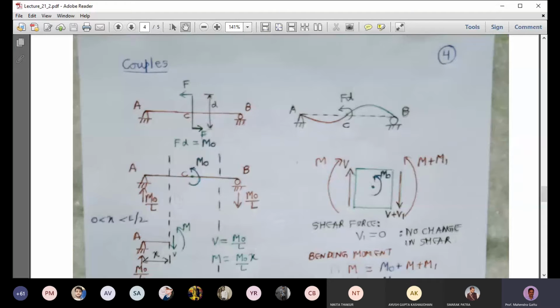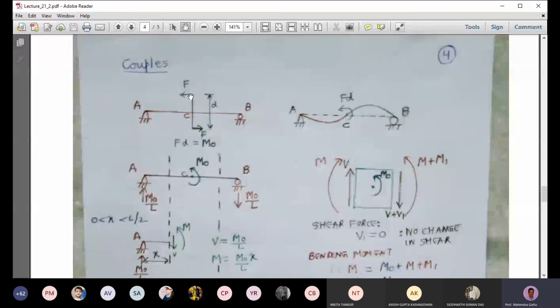Okay, so we have a simply supported beam. At location C, we have this black color thing. You can imagine it to be a rigid bar, and on that rigid bar we are applying two forces. On the top part of the bar we are applying a force in the leftward direction, and in the bottom part of the bar we are applying a force in the rightward direction.